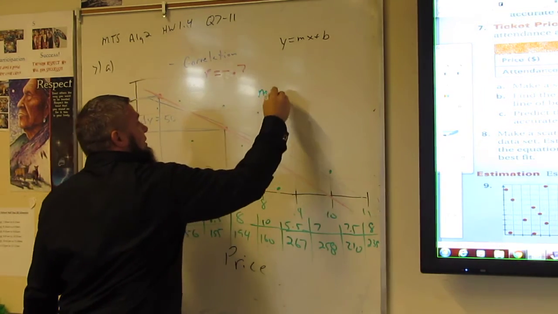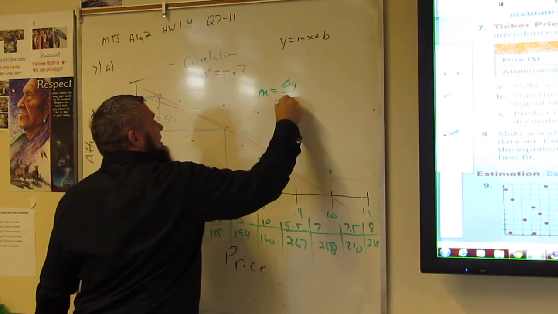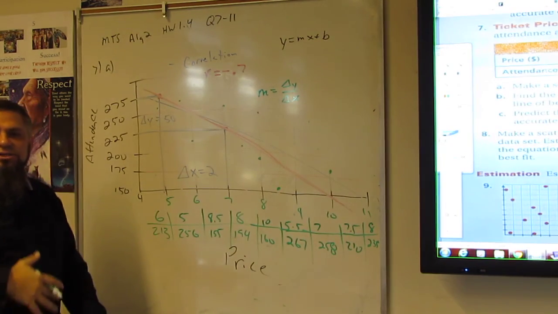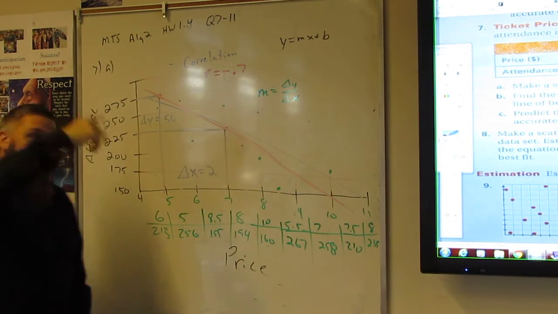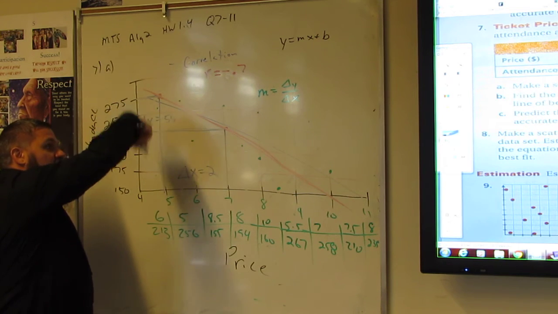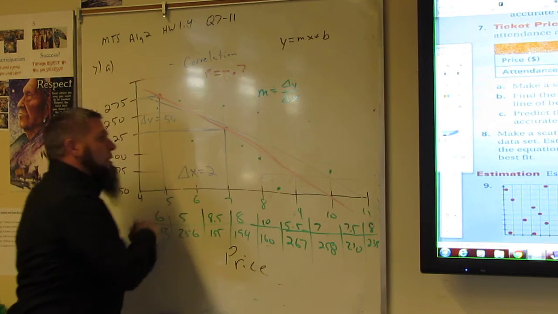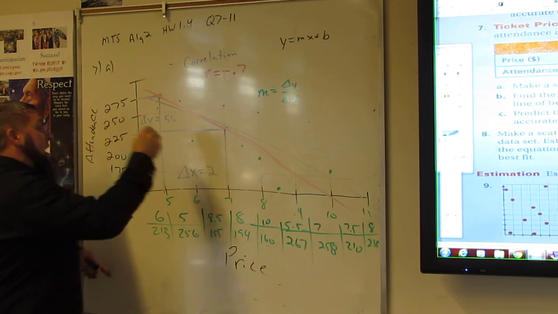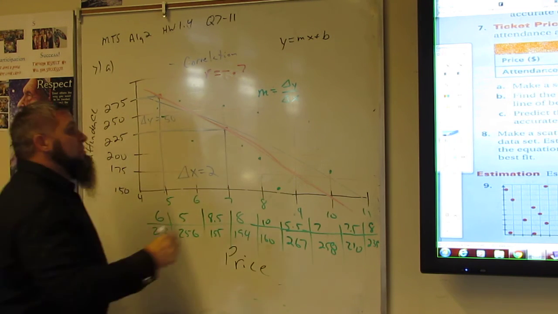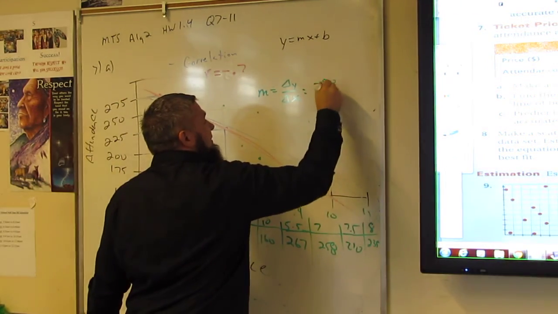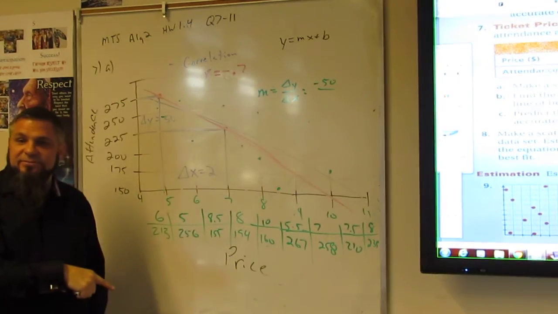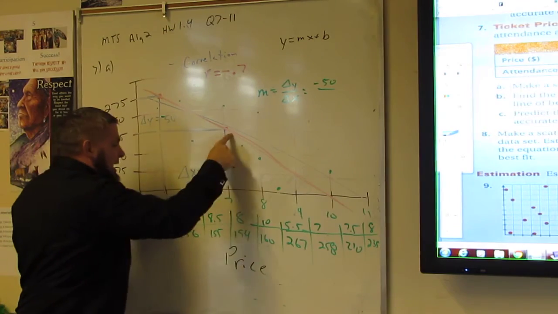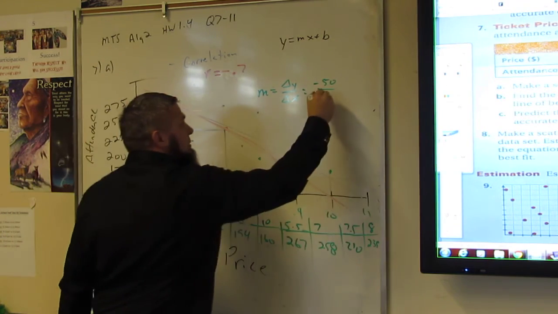But what I know is my m. M is equal to delta y over delta x, right? The change in y, the rise, over the run. Now, this is negative, yeah? The change is a negative 50, so I have negative 50, it's down 50, and then it's right, or positive 2.